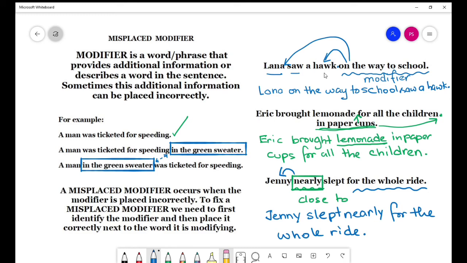Nearly for the whole ride. Now, if we said Jenny slept for the whole ride, that would have been also correct. And nearly being the modifier, it has to be placed next to the word that it is modifying. How did she sleep? Did she sleep the whole time? Nearly for the whole ride? Did she not sleep for the entire ride? Jenny slept nearly for the whole ride.